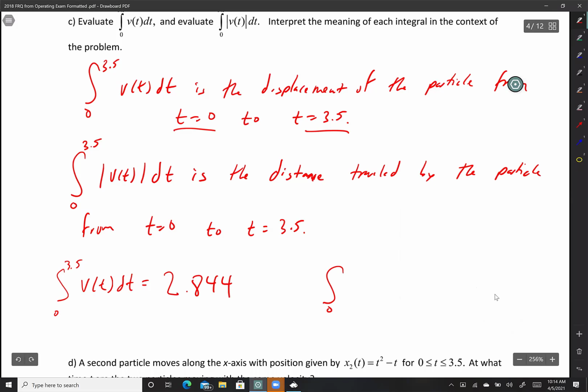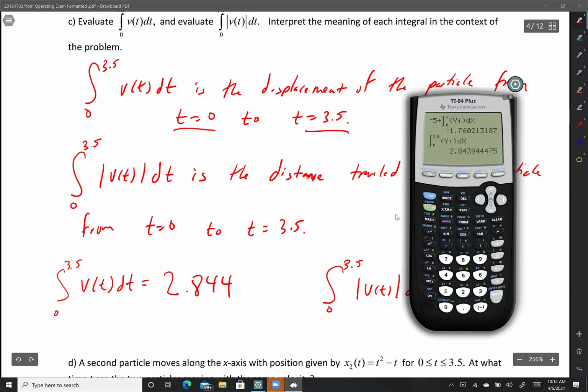Now let's look at this. And I kind of don't like my answer, guys. Let me tell you why. I think there's a better way to write it. 0, 3.5, absolute value. So push math, number, enter.